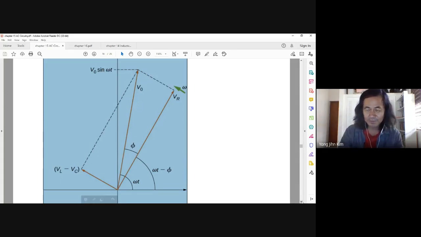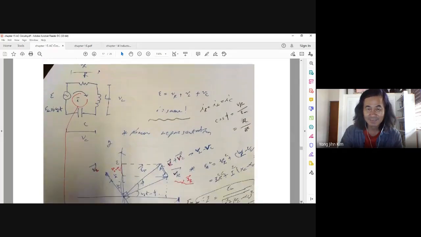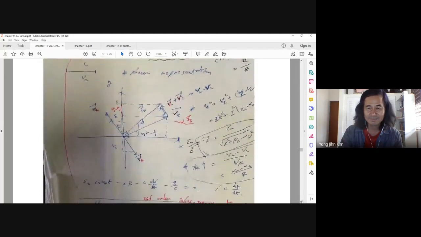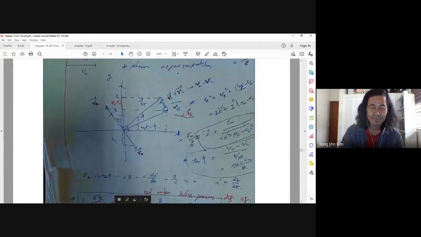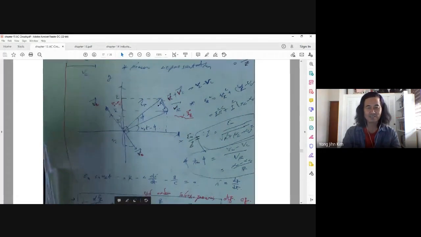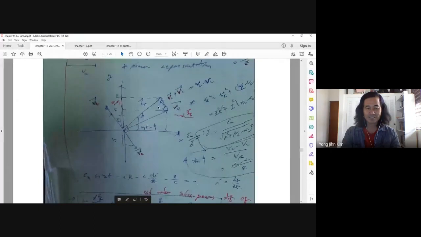Okay, so this triangle has all the information for this RLC series circuit with the AC generator.